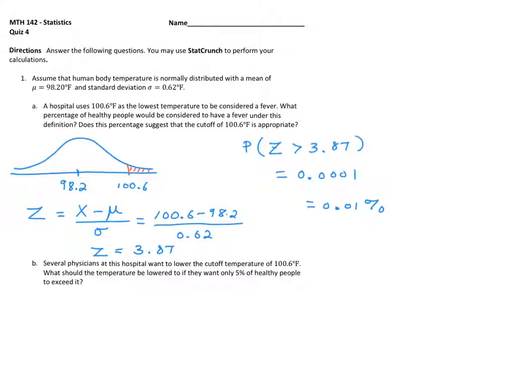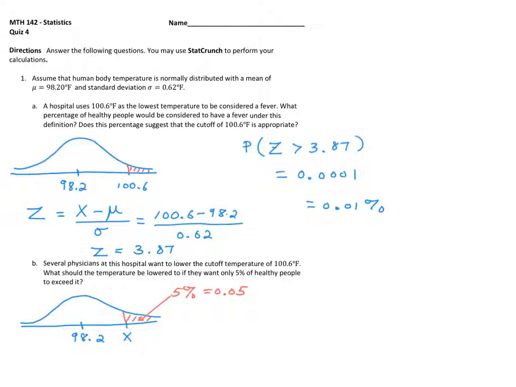All right, so to figure this out, I'm going to draw, again, a bell-shaped curve with a number line below it. I'll label the mean of 98.2, but this time I'm solving for some x. I'm solving for the x that corresponds to an area of 5%, or 0.05.